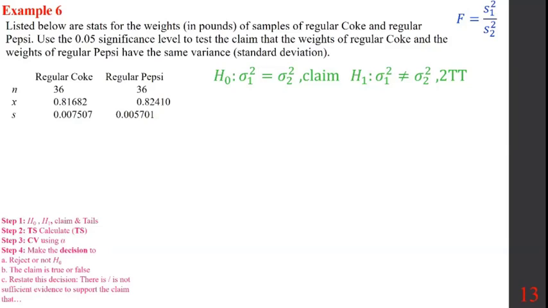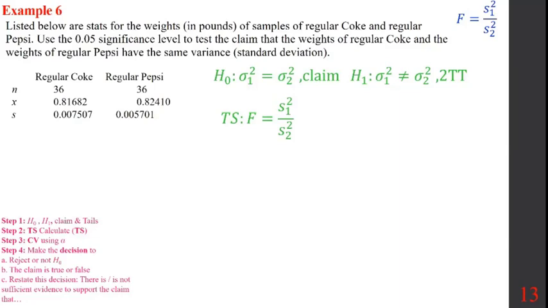It's a two-tailed test. So you do the test statistic of s1 squared over s2 squared. Remember, you have to square those two numbers. Why do you have to square? Because what you have is just the standard deviation and not the variance. It must be squared.